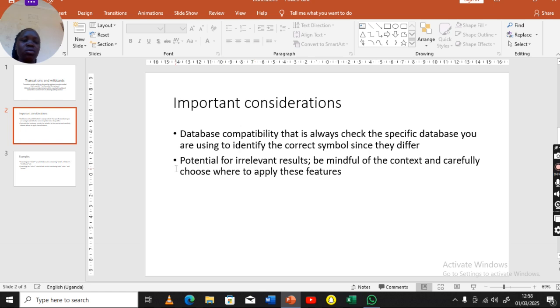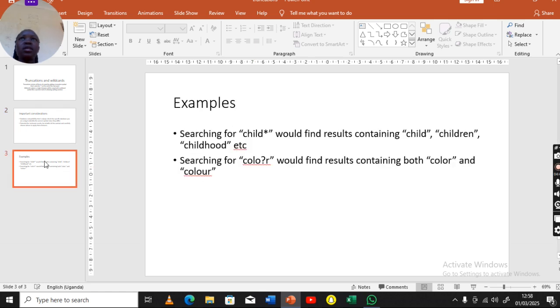Then we come to the examples of truncations and wildcards. Here I have two. The first one is for truncations, and the second one is for wildcards.